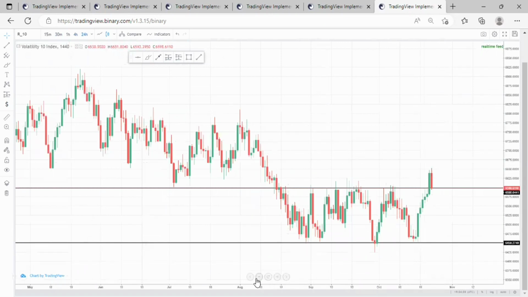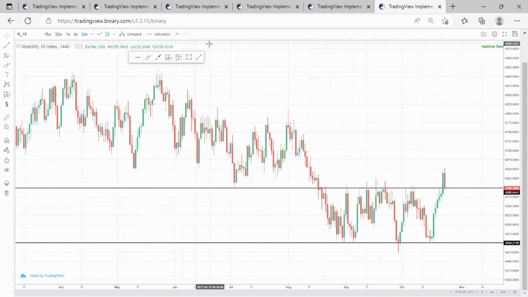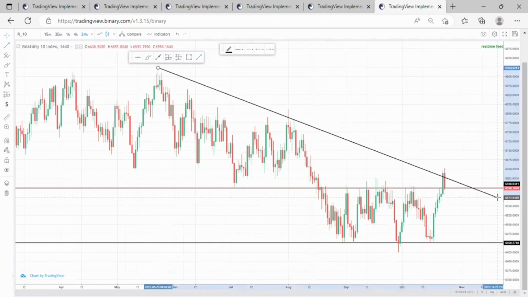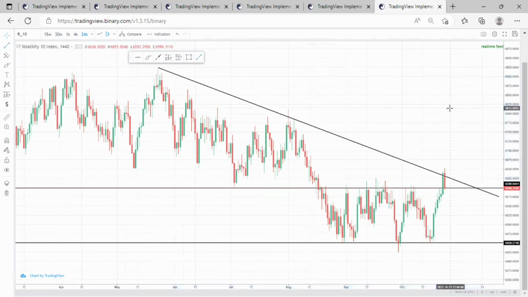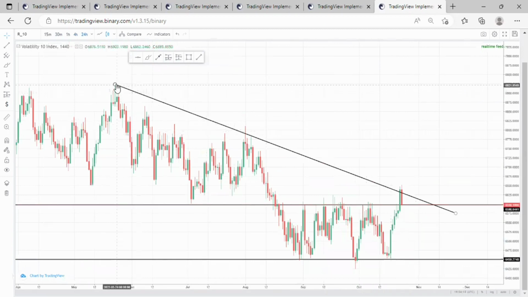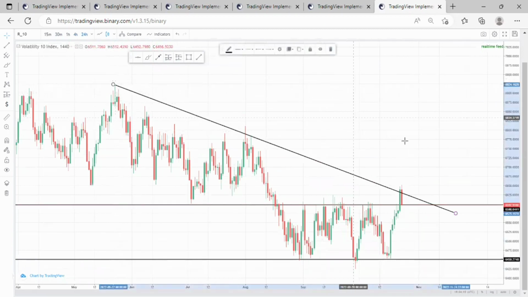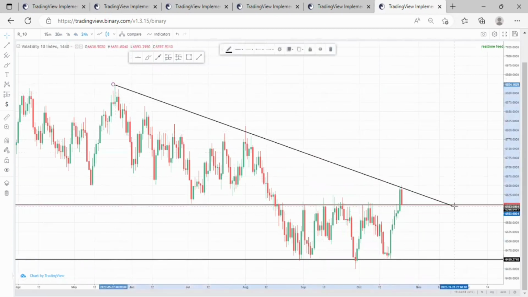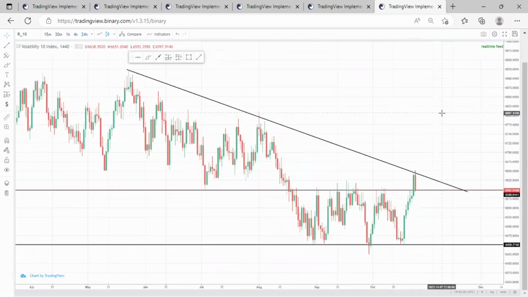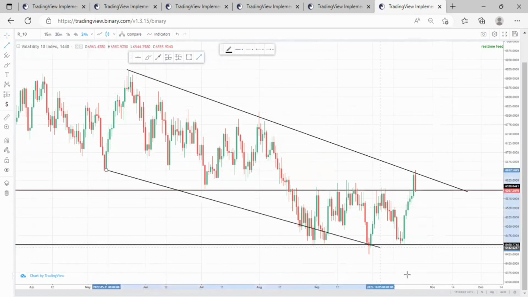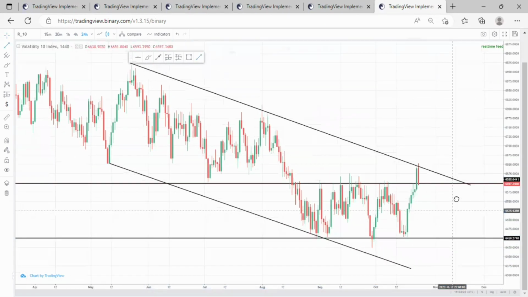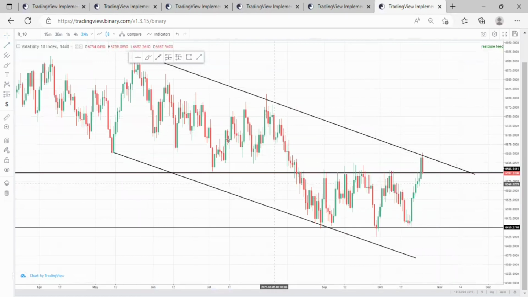There's one trend here, there's a trend here. You can see the trend, right? Price might want to respect this descending channel and drop back again.